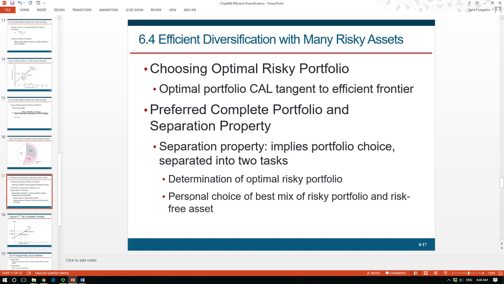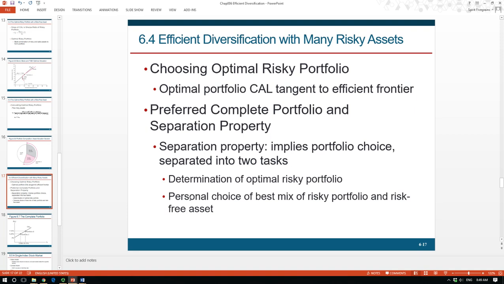First is to make a decision on the optimal risky portfolio, to find the best combination between stocks and bonds. And once you have made this choice, the second step is to make a personal choice to find the best mix of risky asset and risk-free asset. It depends on your personal risk preferences.